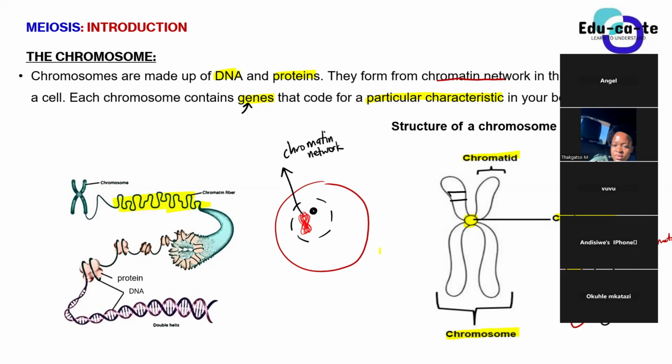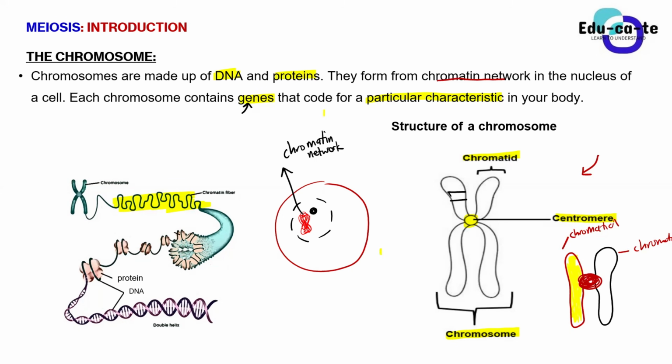A chromosome codes for particular characteristics because it has got genes on it. The structure of a chromosome consists of two sister chromatids, and these two sister chromatids are joined together by a centromere. So the structure that connects two chromatids together is known as a centromere.